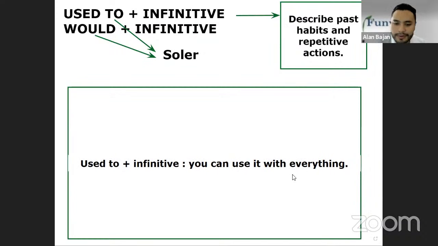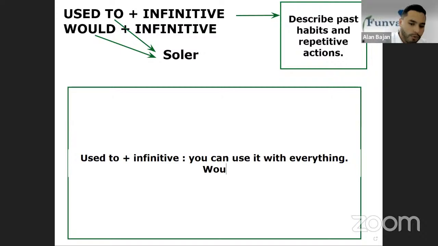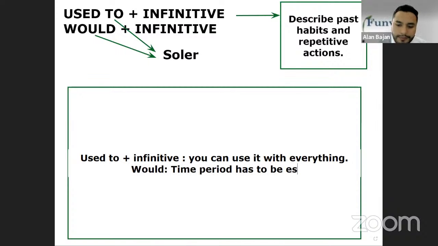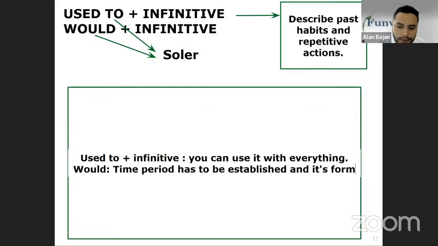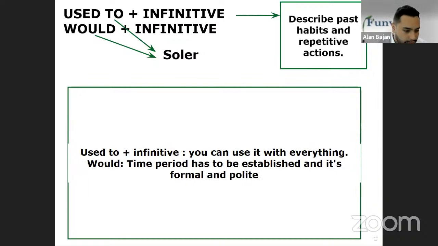But with would, we have some rules. First, the time period has to be established. And it's formal and polite.